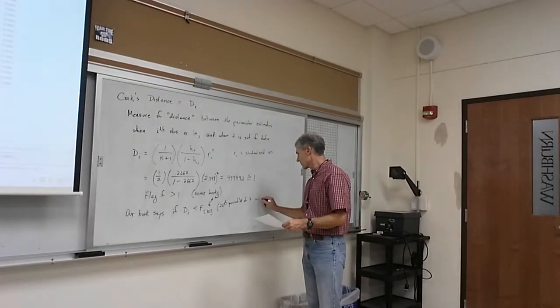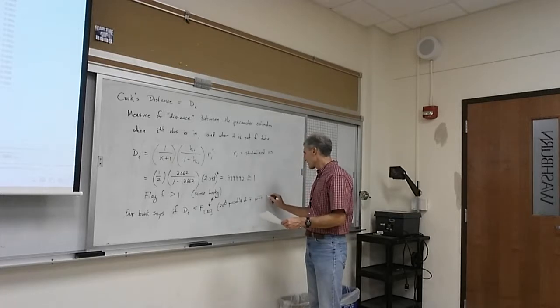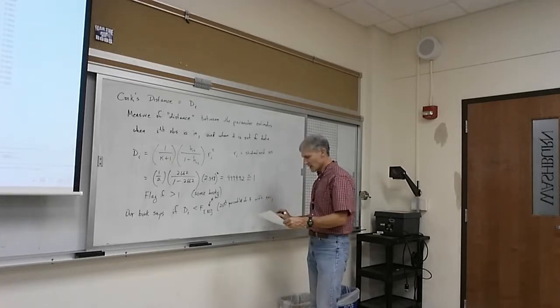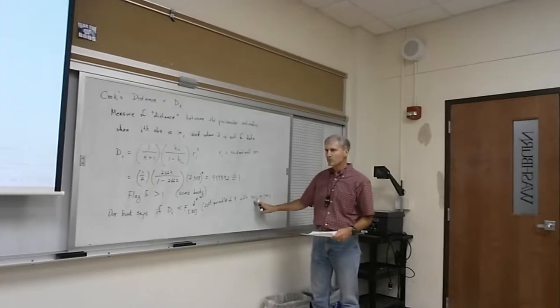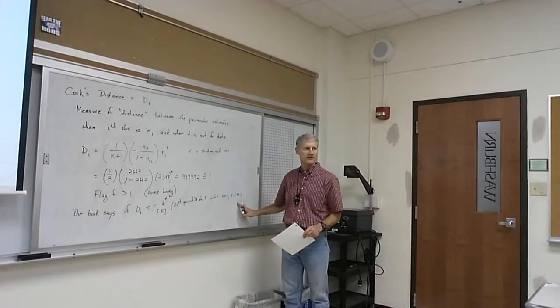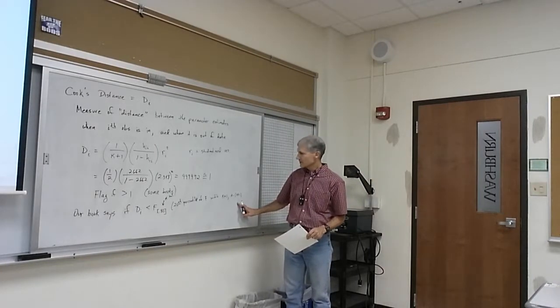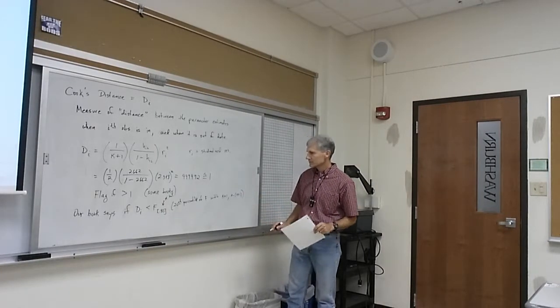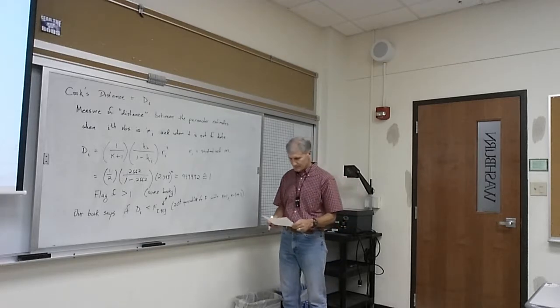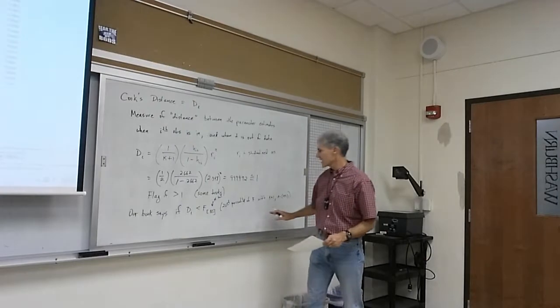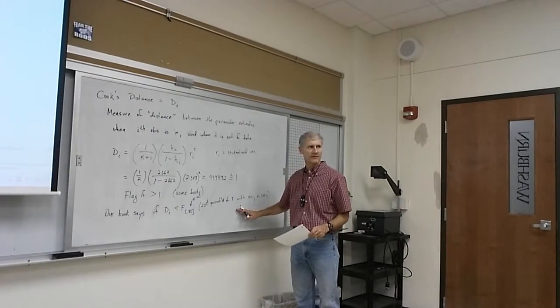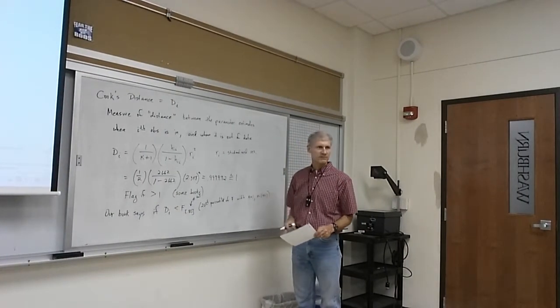And with k plus 1 and n minus (k plus 1) degrees of freedom. Remember, with an F, you have numerator degrees of freedom and denominator degrees of freedom. Okay? So if it's less than the 20th percentile of an F distribution, then no worries.